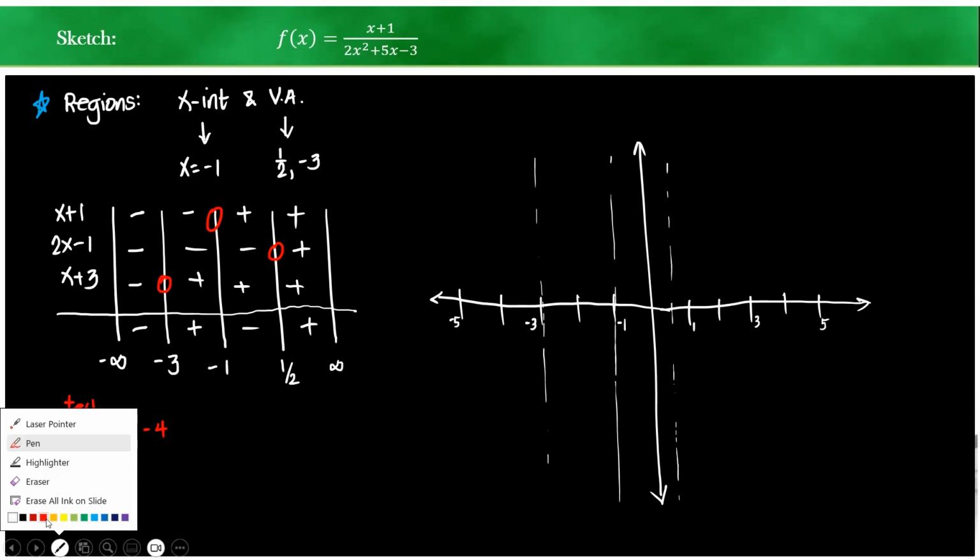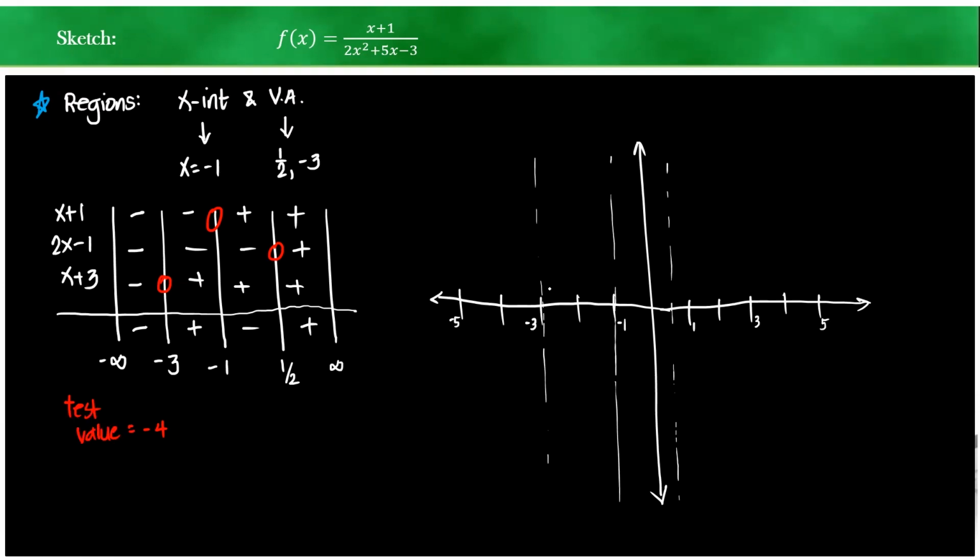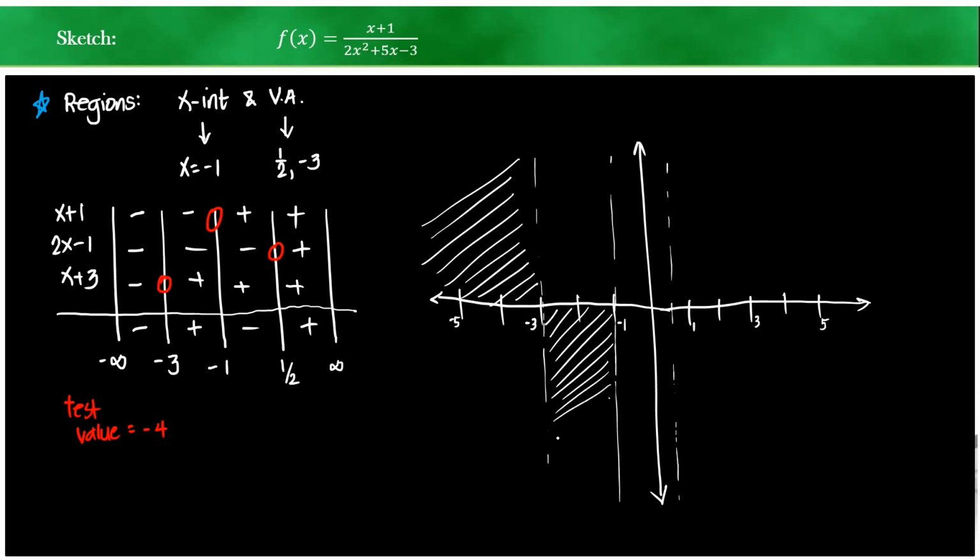So that means, if it's negative, I should not have any graph on top. I should not be drawing here. Between -3 and -1, what is the sign? Positive. So if it's positive, we cannot have a graph between -3 and -1.